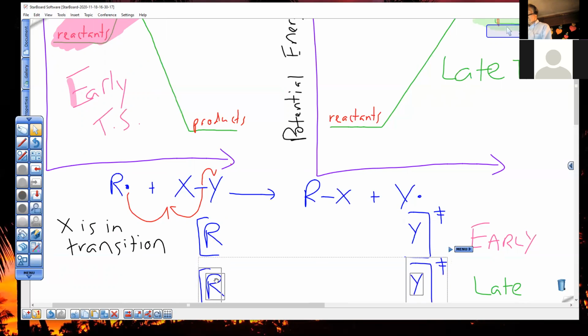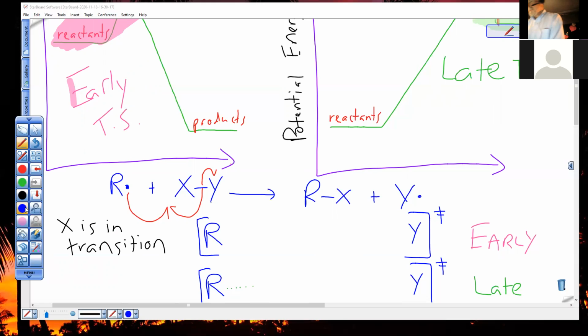So late, it's very close to the R. And what's the transition between not having a bond at all? There's no bond from R to X here, is there? And having a covalent bond. What's the transition between no bond and a real bond? And the answer is a partial bond. The transition between no bond and a real bond is a partial bond. So late, X is real close to R, with a partial bond.